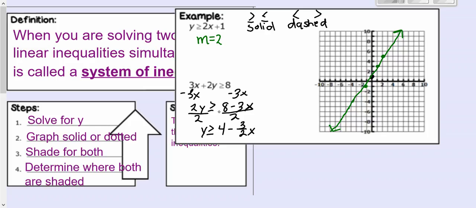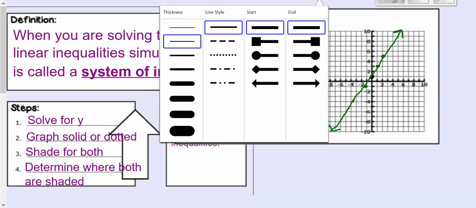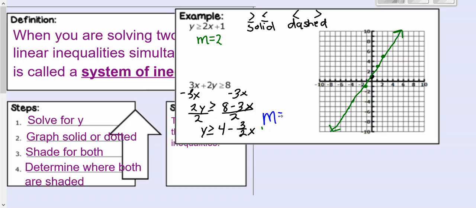Okay, looking at my next, I can see that my slope is -3/2. Switch colors again here. And my y-intercept is +4. So I'm going to start my graph at +4, and I'm going to go down 3 and over 2. Down 3 and over 2. And again, I'm going to have a solid line.